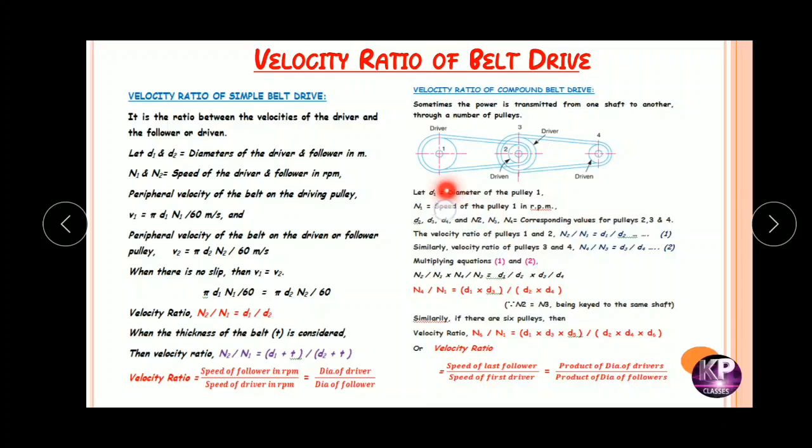Pulley 1 and pulley 3 are drivers, therefore their product equal to d1 into d3, upon product of the diameters of the followers. Pulley number 2 and pulley 4 are followers, therefore product equal to d2 into d4. This is the formula. Please pause the video and note it down in your copy.